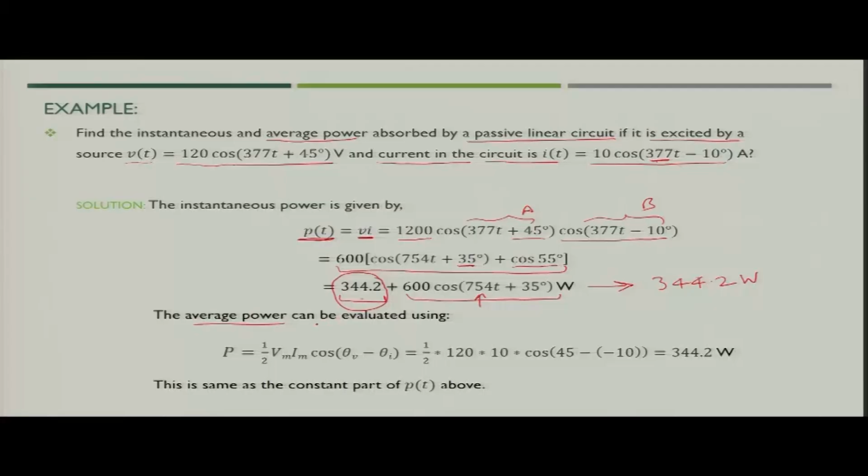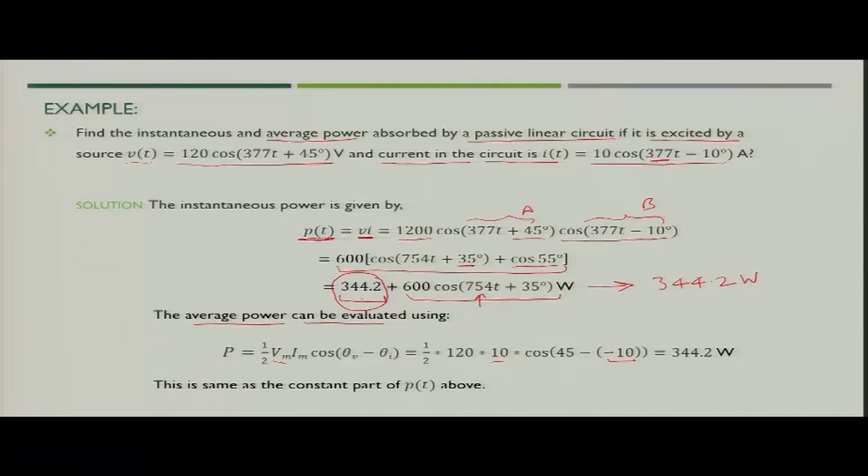But how will you verify whether it is correct or not? Let us calculate the average power with the equation we just derived, P equals 1 by 2 Vm Im cos(theta V minus theta I). Put the values: Vm is 120, Im is 10, theta V is 45 and theta I is minus 10.